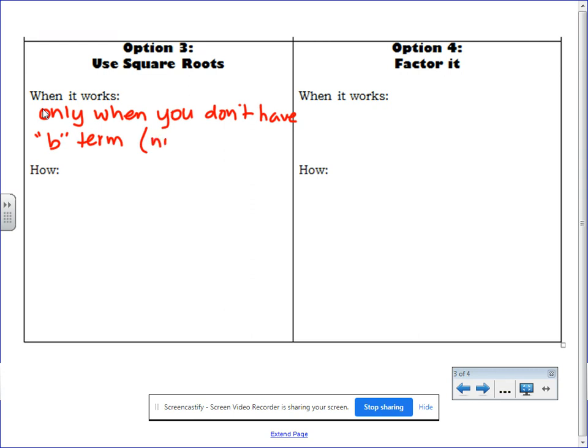So no regular x, if you want to think about it that way. You obviously need an x squared, that's what makes it quadratic, but you can't have just a regular x. So you solve like a regular equation.